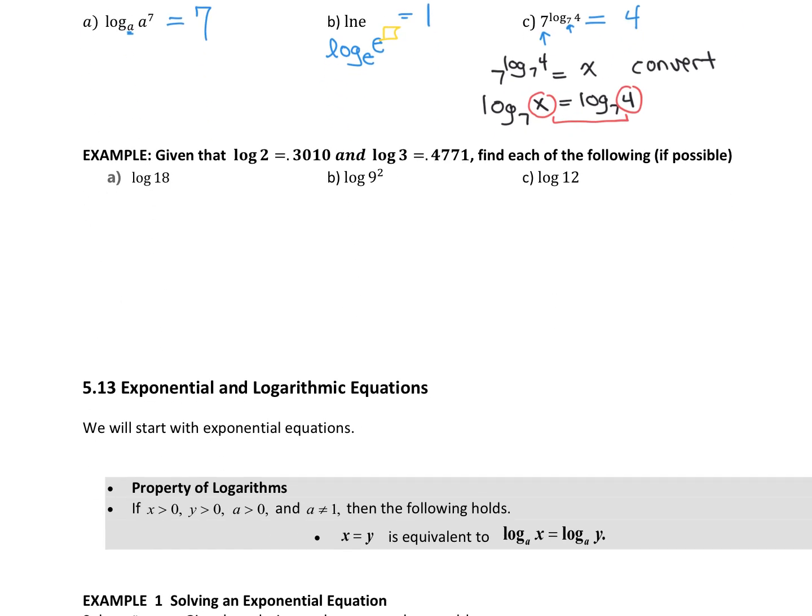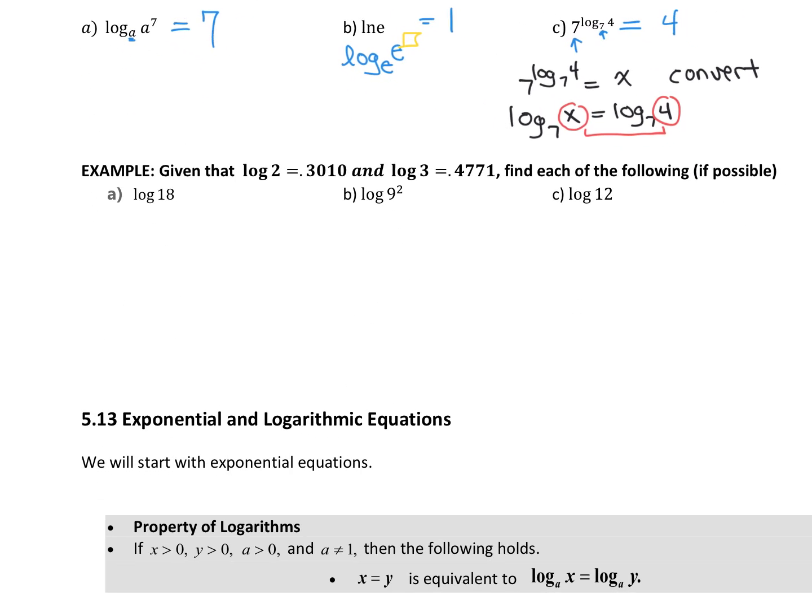The last example here is a calculator exercise. We're given that the log base 10 of 2, because we don't have a base there, so log 2 is 0.3010, and log 3 is 0.4771.